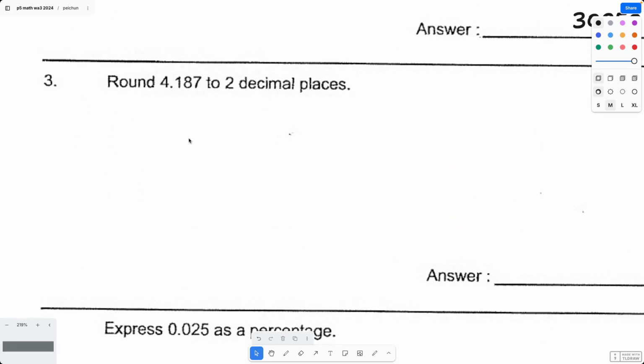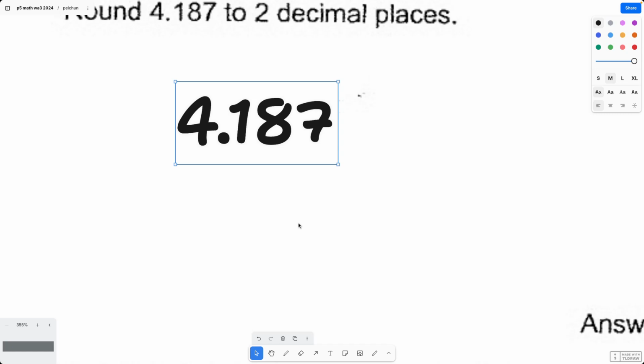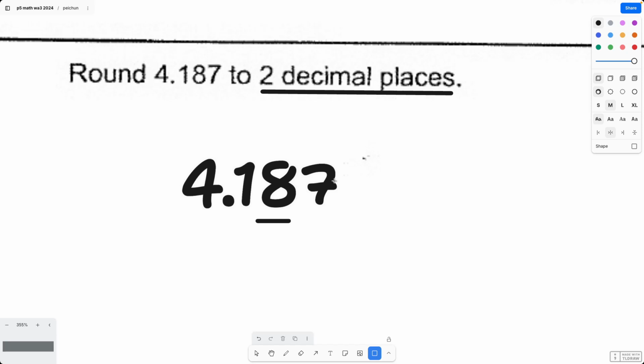Question 3 says round 4.187 to 2 decimal places. Which one is the 2nd decimal place? The 2nd decimal place in this case is the number 8. What we need to do is see whether the 7 is 5 or more.